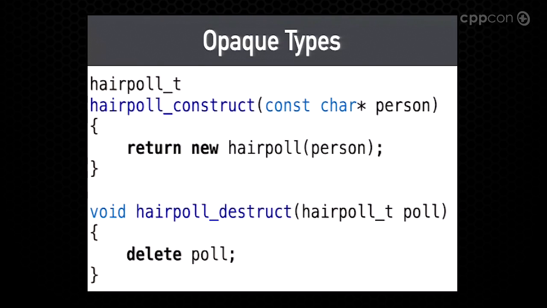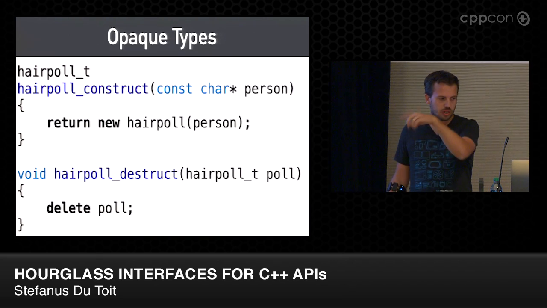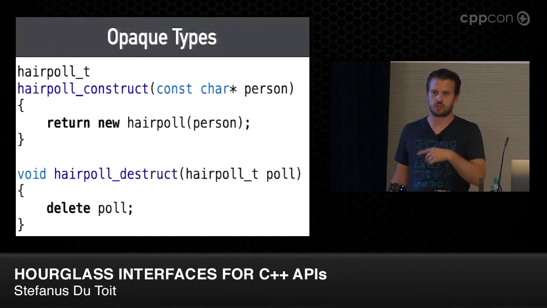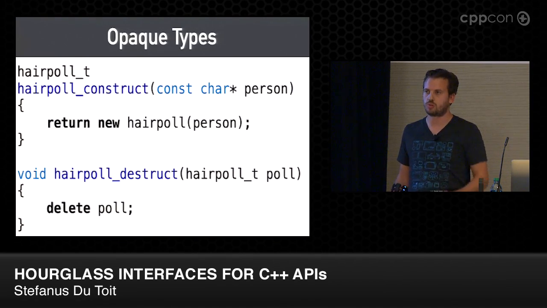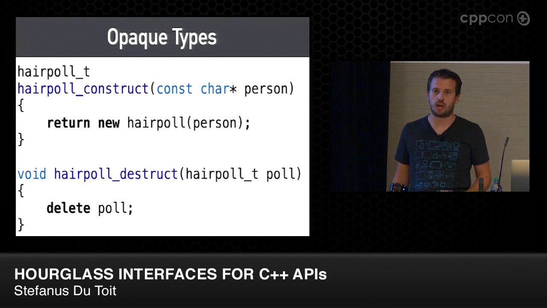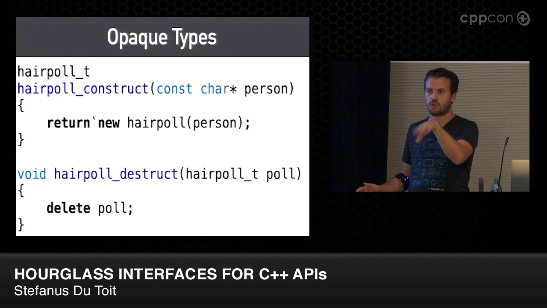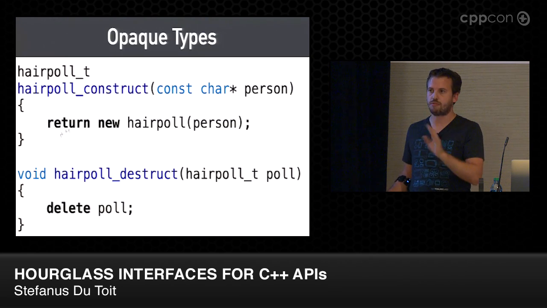If you can still remember back when I showed you the libhairpole header, I briefly showed two functions, construct and destruct, to generate one of these. The implementation can literally be as simple as this. You might do something a little fancier up here, using a unique pointer until the thing is fully initialized, and then release it when you return it.